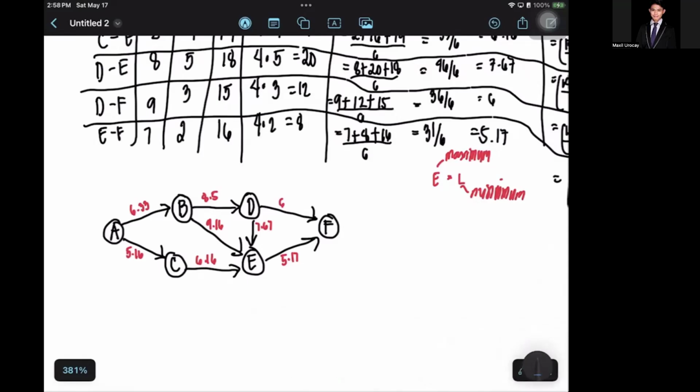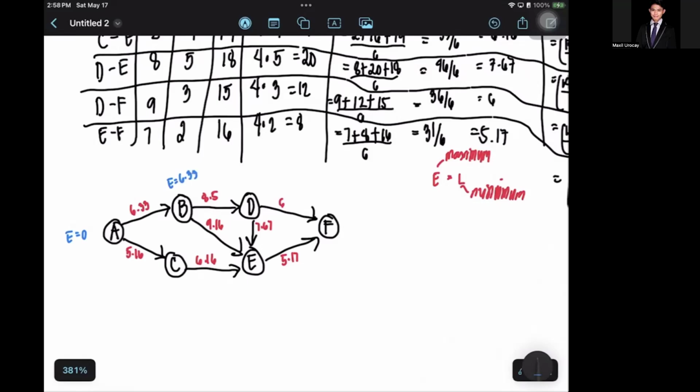From A, that is set to 0. So your E right now is equal to 0. We calculate E from the node A up until F. So 0 plus 6.33, that is your E at B, 6.33.